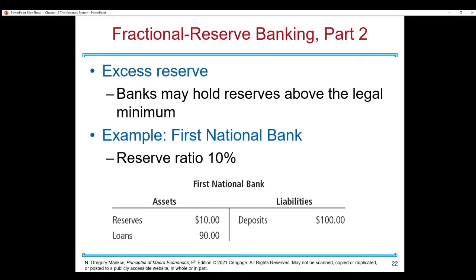Well, the money supply, if we remember, is going to be the demand deposits and the cash that's out in the world. The demand deposits for the first guy is 100 because he deposited 100 into his account, and the cash that's out in the world is the $90 from the loan. So the money supply is $190, which is much higher than the original 100.